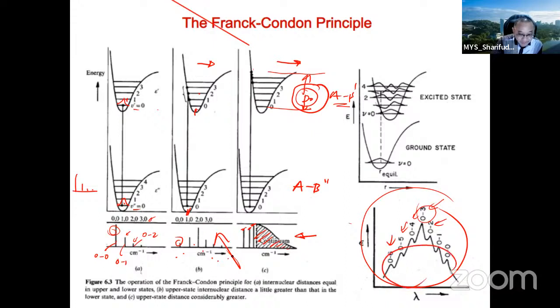So these peaks are called a progression, and this progression gives you some idea about the energy levels in the excited state, because practically it gives you the vibrational energy levels of the excited state, right? Because 0 stays the same. You know 0,0, and then you also know 0,1.